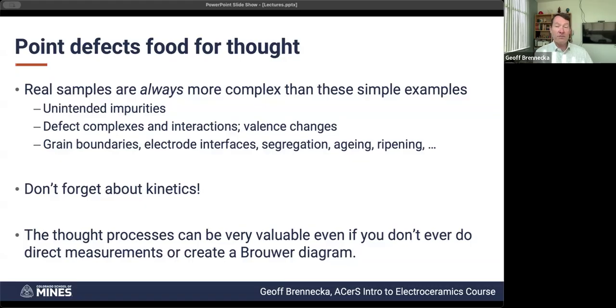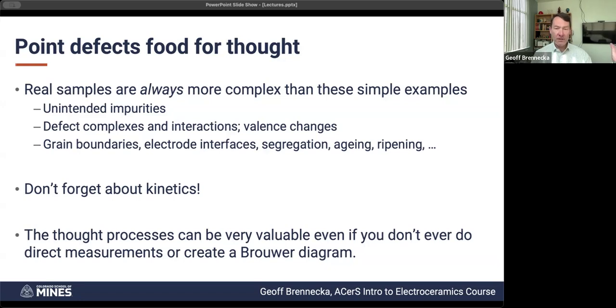Maybe your system doesn't compensate in that way, and it's no big deal. But that's the kind of thought process that I want people to be able to go through. And remember, it's not just about the conductivity. It is about connecting that thing that you can measure easily, the conductivity, with what the defects are.